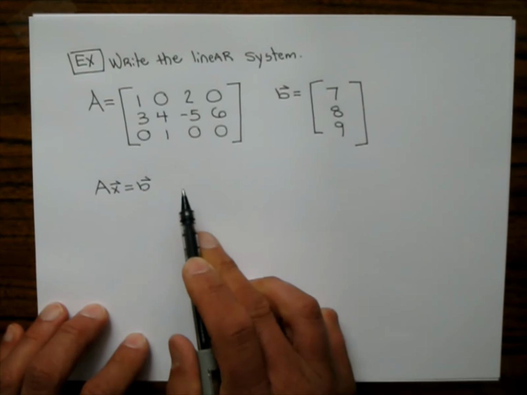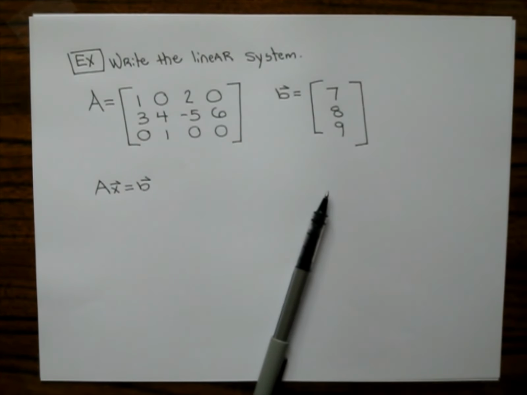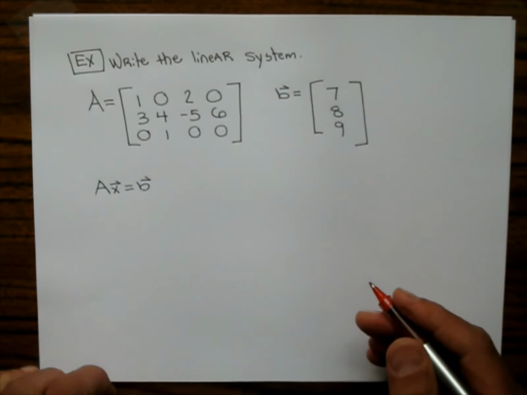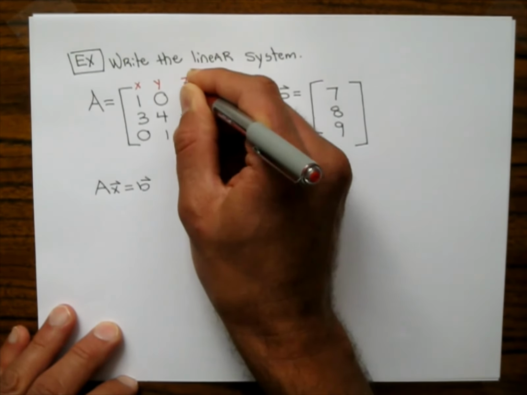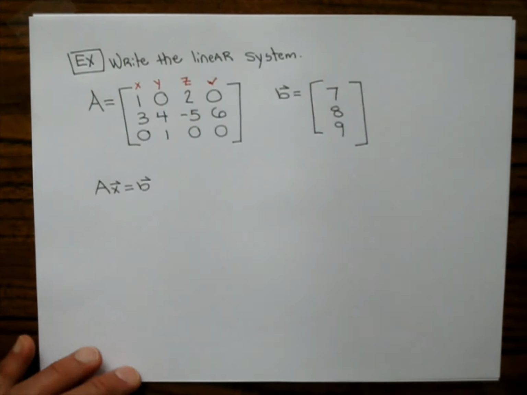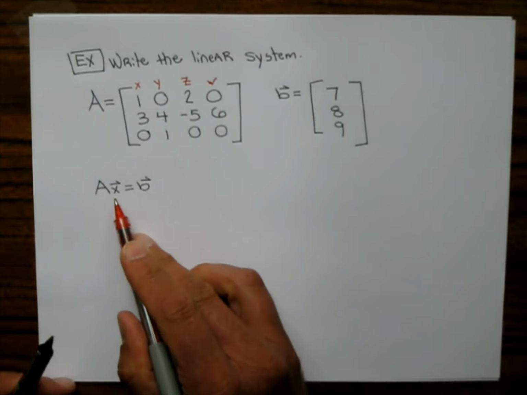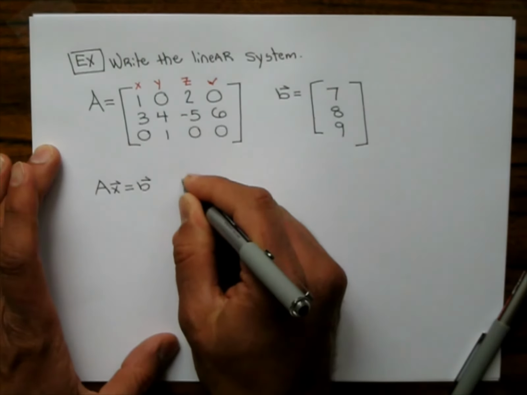And remember, when I had the other matrix up, I wrote some variables above it. So my variables were like X, Y, Z. Oh, we ran out of alphabet, so I'll put a W there. So you could write this all out. In fact, let's just do that.